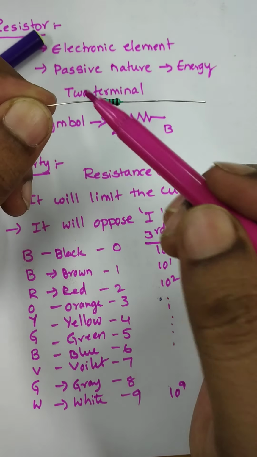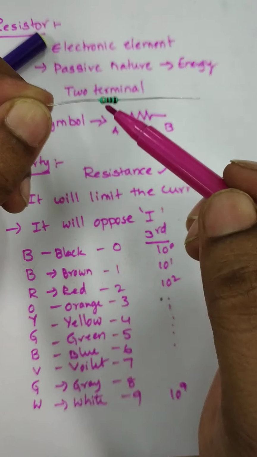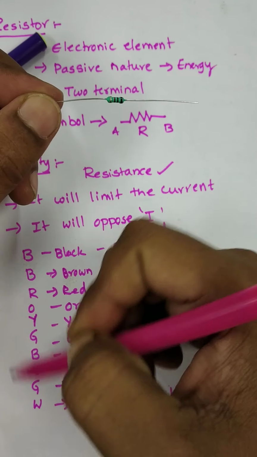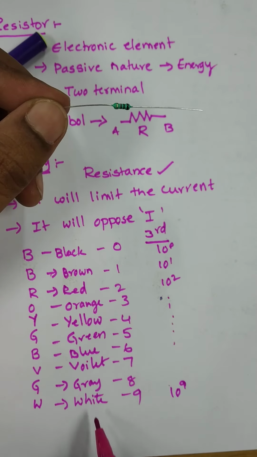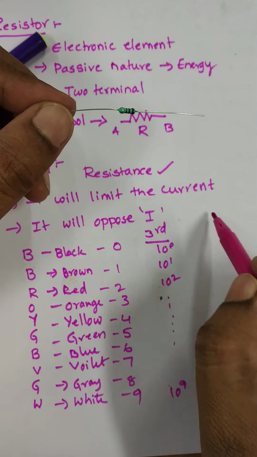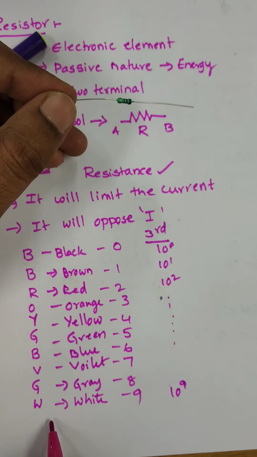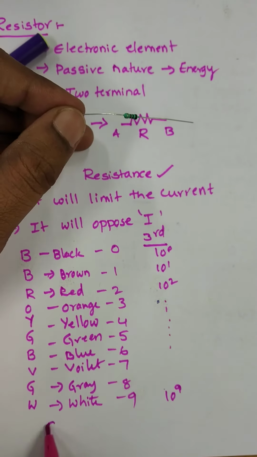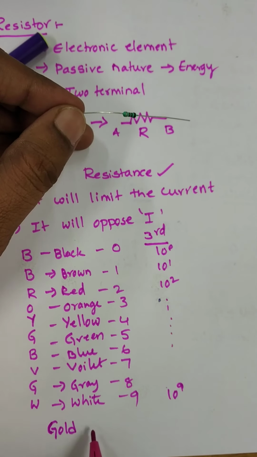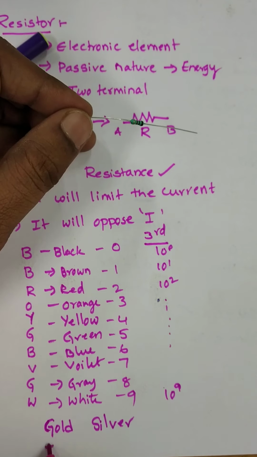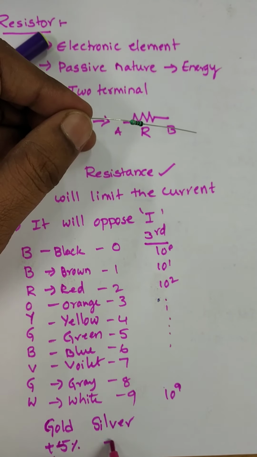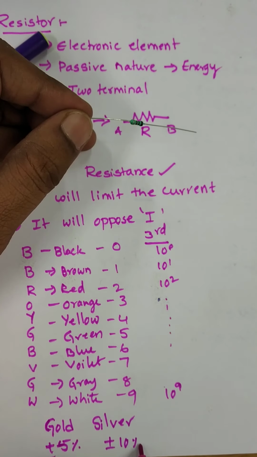Gold will be the last color, and there are two colors which are not written here, gold and silver. Gold is plus or minus 5% and silver is plus or minus 10%.